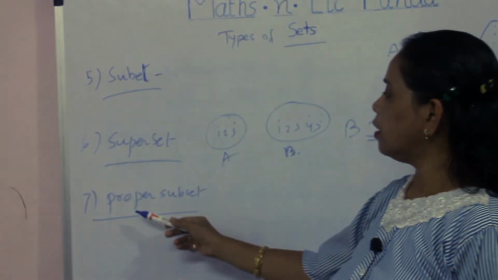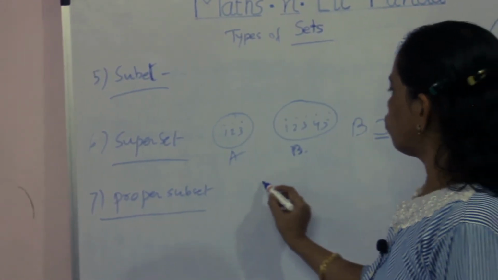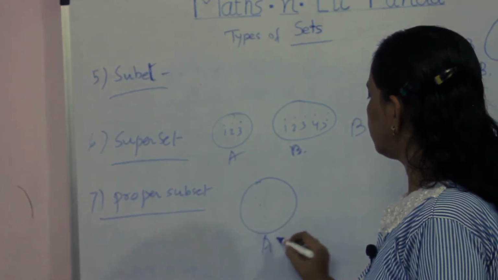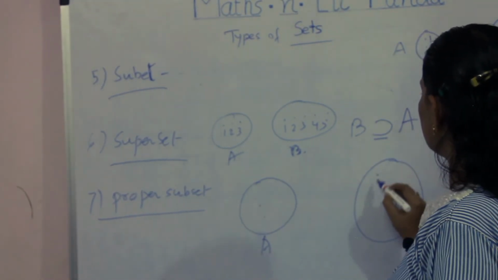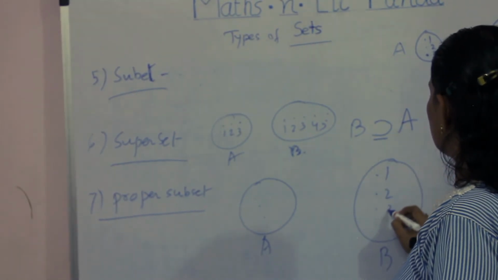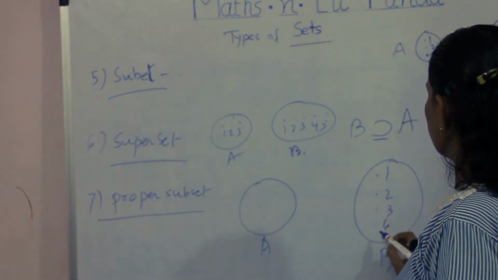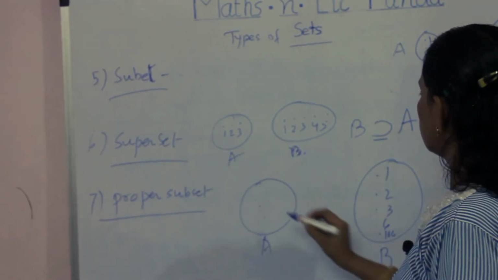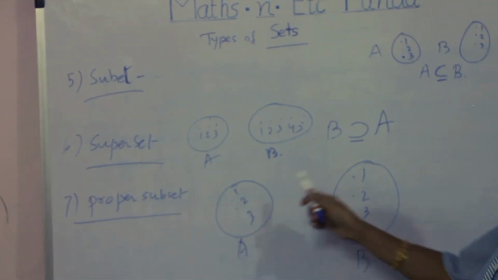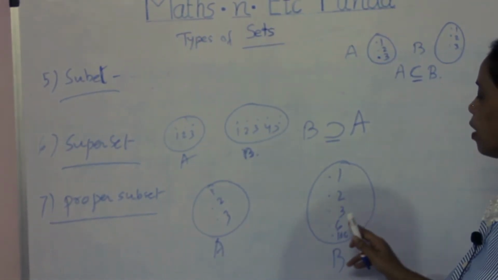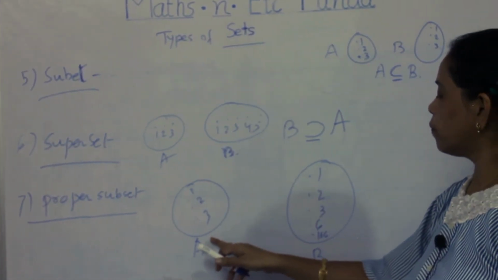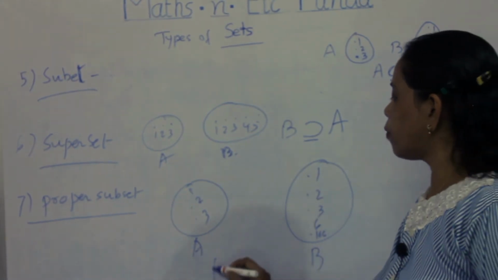And next is proper subset. Suppose two sets are here. This is 1, 2, 3. This is another set, this is B: 1, 2, 3, 6, 100. Here all the elements of A are present in B, but at least one element in B is different from set A. So A is the proper subset.